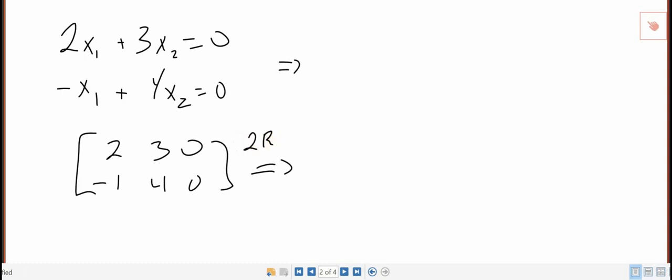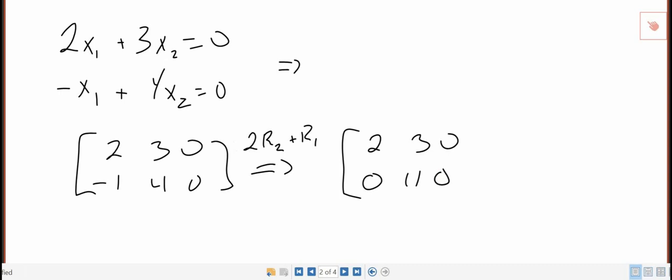So 2 times row 2, and we're going to take row 1 and add that to it. So 2, 3, 0. If we do that, we're going to get 0. 2 times row 2 plus row 1 would be 11. Then that would be 0 again.